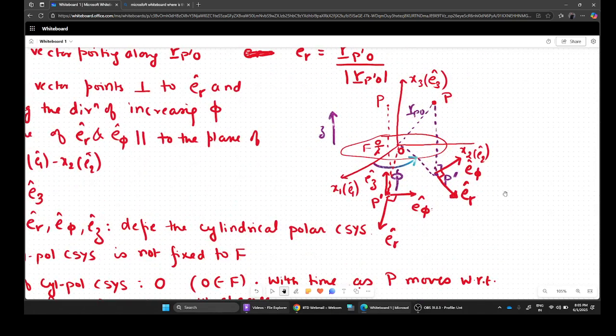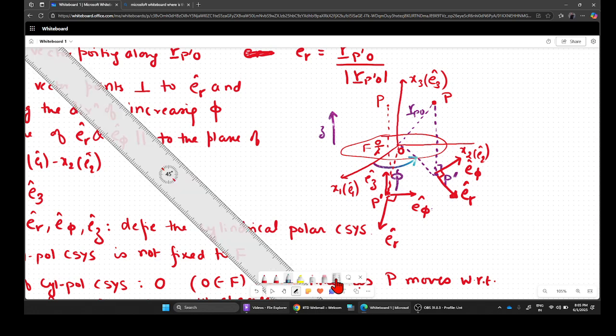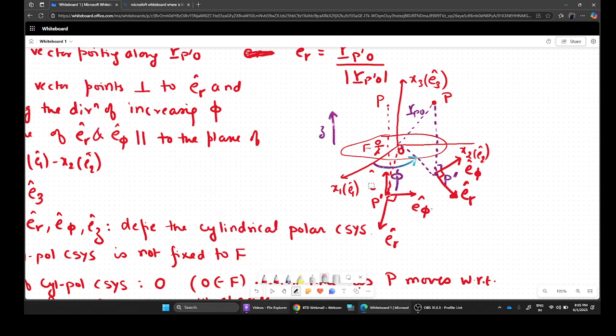I drew, in this earlier diagram, let's go back to the original location of point P, so we don't need these things.